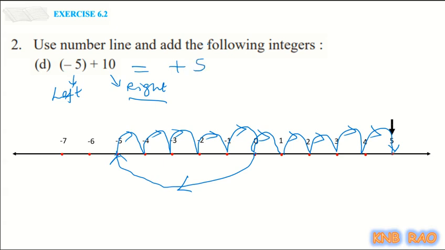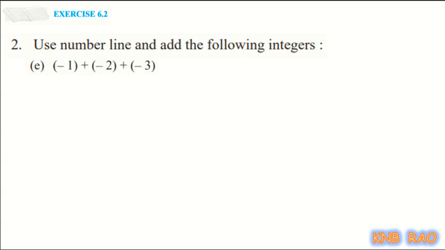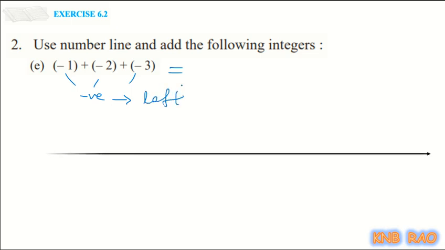Now coming to the next question, use number line and add the following. Here all are negative numbers, which means you have to move towards left. Now took a number line, numbers on it. From 0 I moved first towards left to add minus 1.